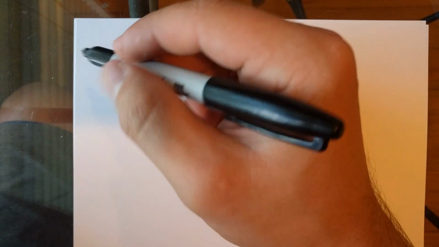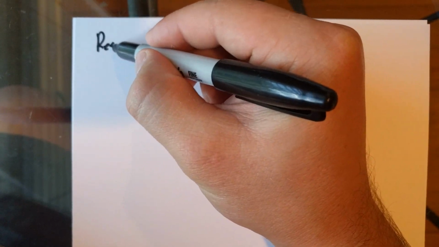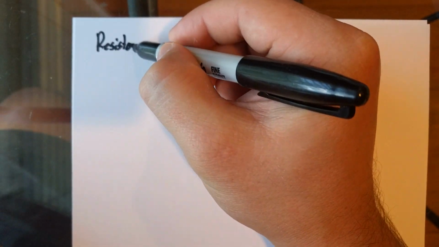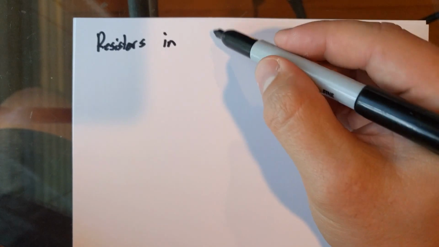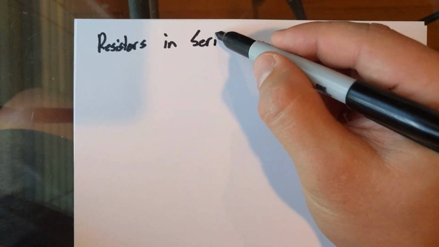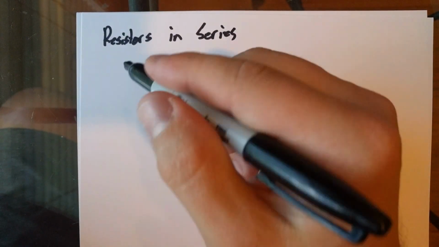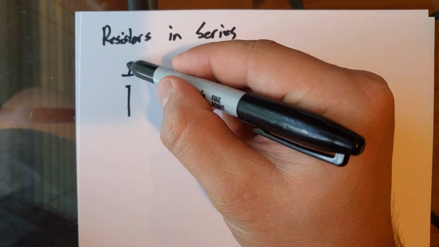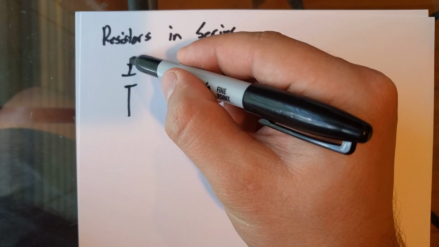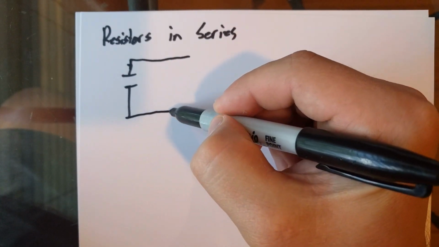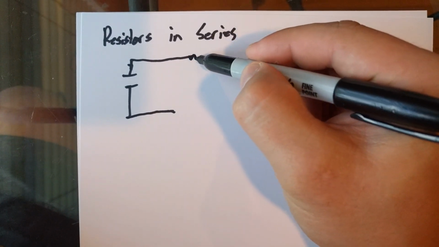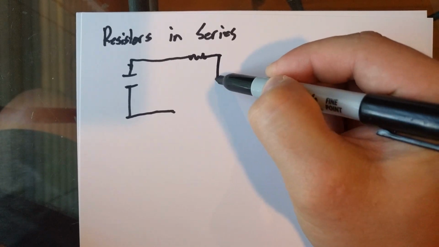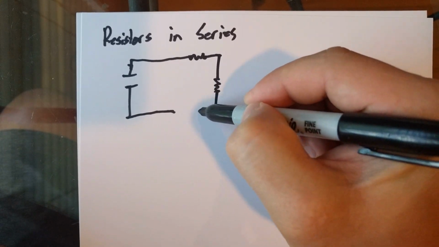The other type of circuit is resistors in series. And that would look like this. These little bars right here represent like a battery. These aren't AC circuits, they're just DC circuits. But they're much simpler to work with.